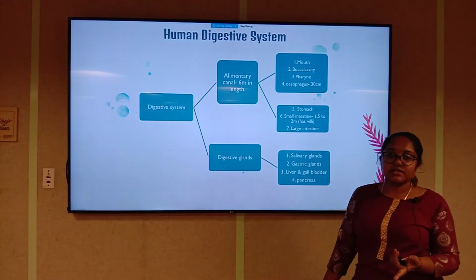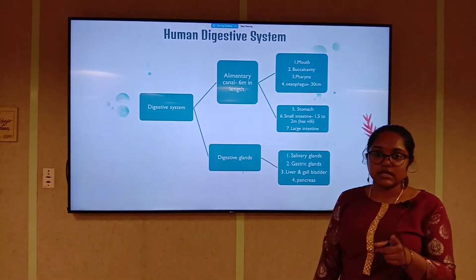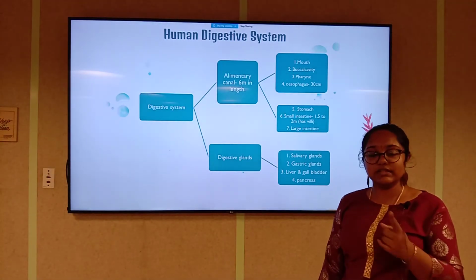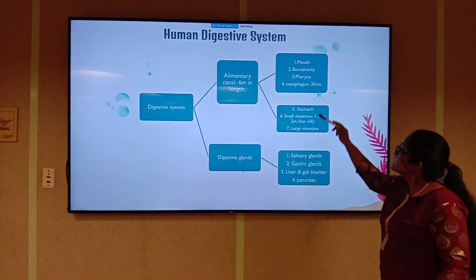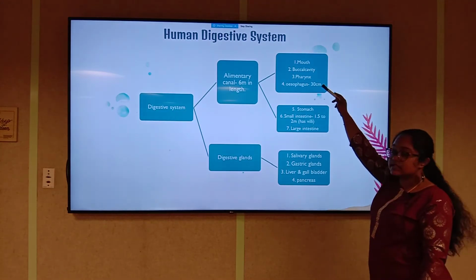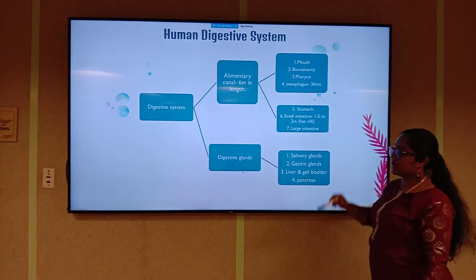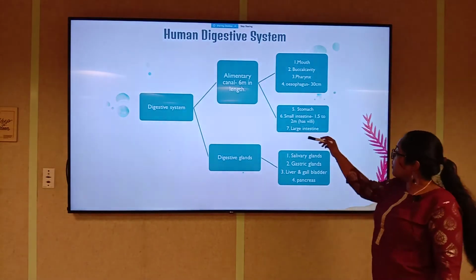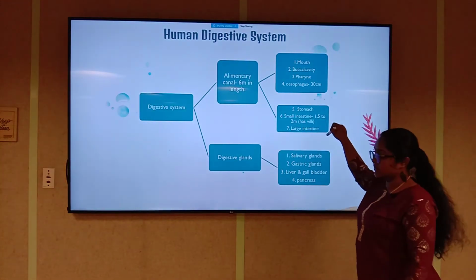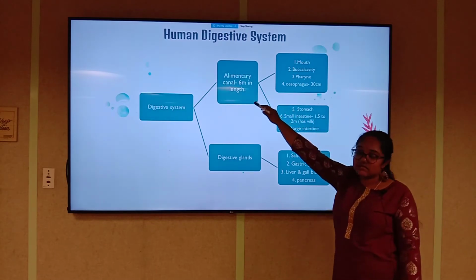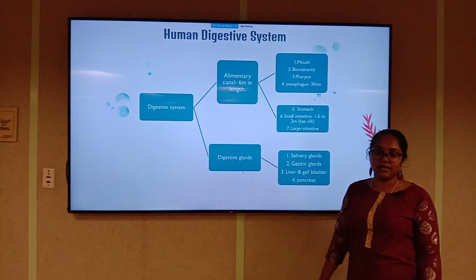Now, the spelling of esophagus in most textbooks comes without the O. Even that is fine. Clear? So, mouth, buccal cavity, pharynx, esophagus, stomach, small intestine and large intestine. All these 7 organs together come up to 6 meters in length in any human being.